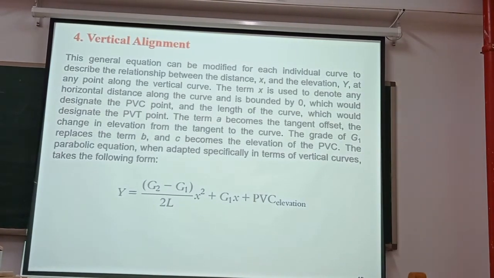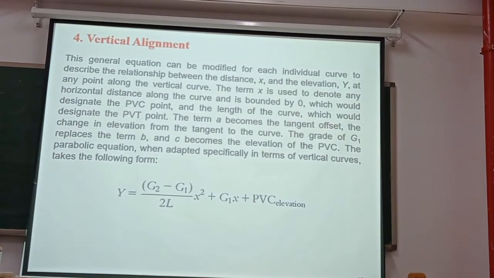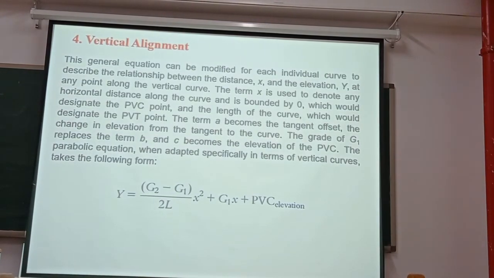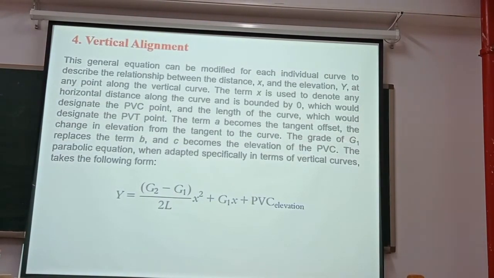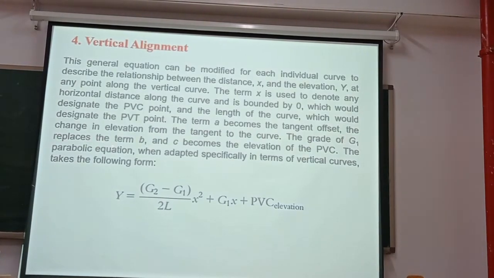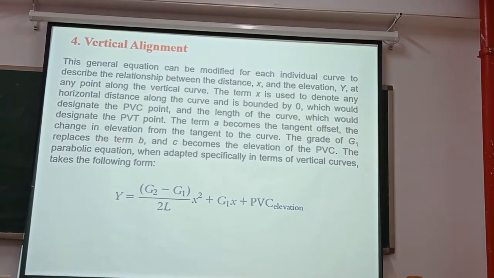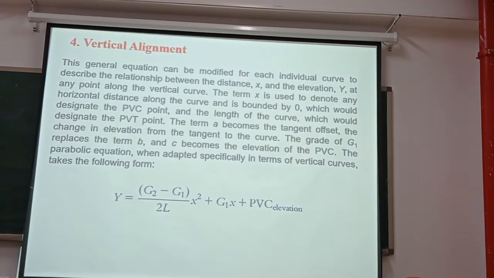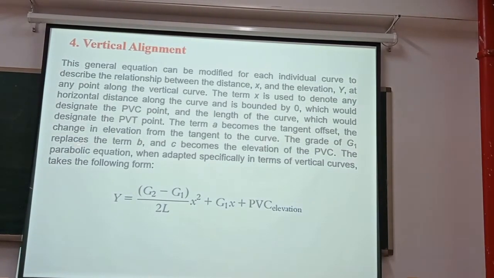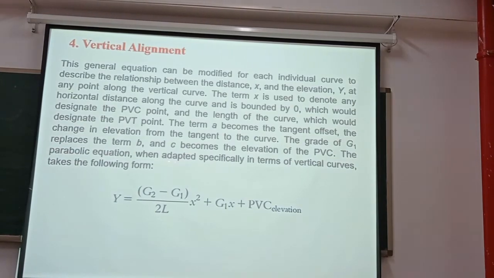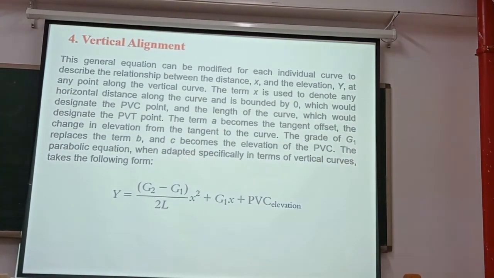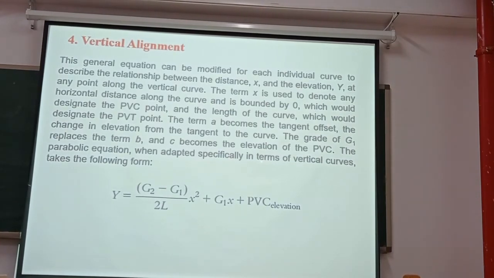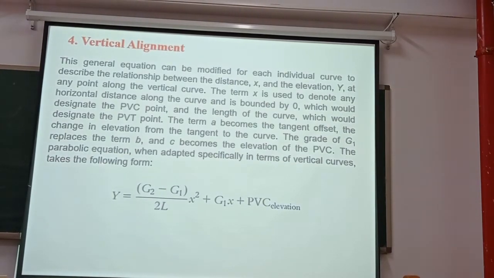The term A becomes the tangent offset, the changing elevation from the tangent to the curve, and the grade G1 replaces the term B and C becomes the elevation of the PVC. So the parabolic equation, specifically in terms of vertical curves, takes the following form.